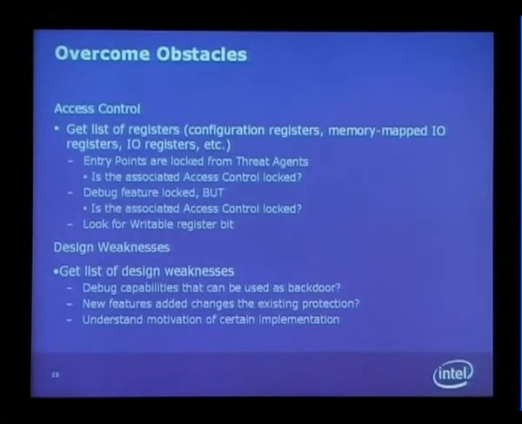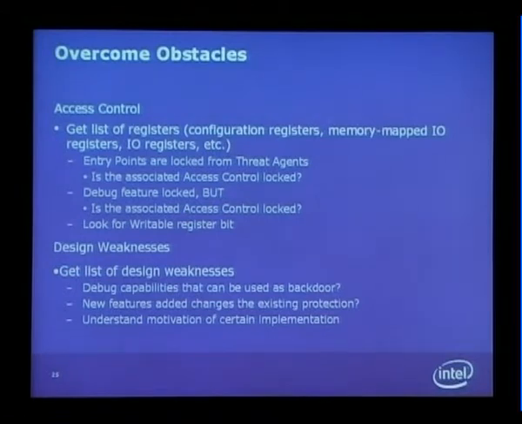Although it is locked, can we get this register to influence the path that we want to analyze? The other thing is we want to make sure that the registers we look at are writable from a user point of view. If this is a read-only register, it will be meaningless for an attacker.